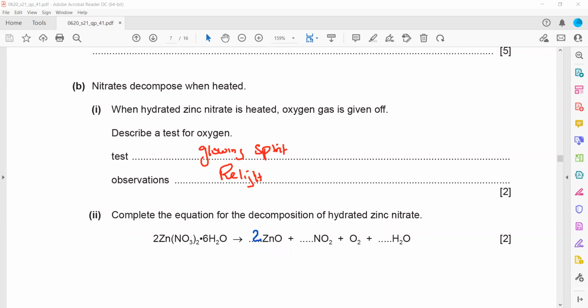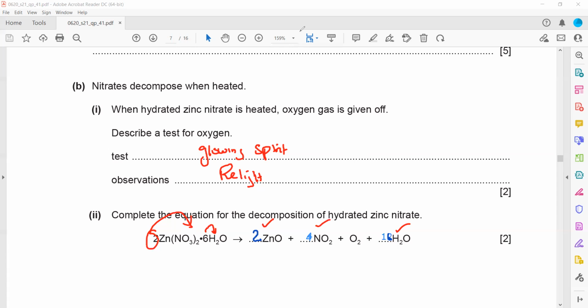Yeah, that's right, 2. This one is 4. And how many hydrogens should be there? This is 6 multiplied by 2, 12. So we should have 12 hydrogen.